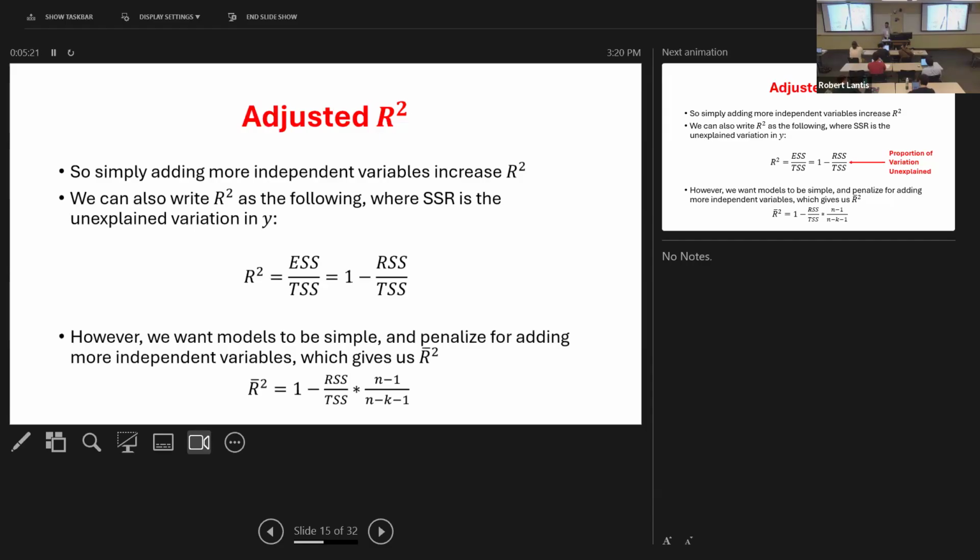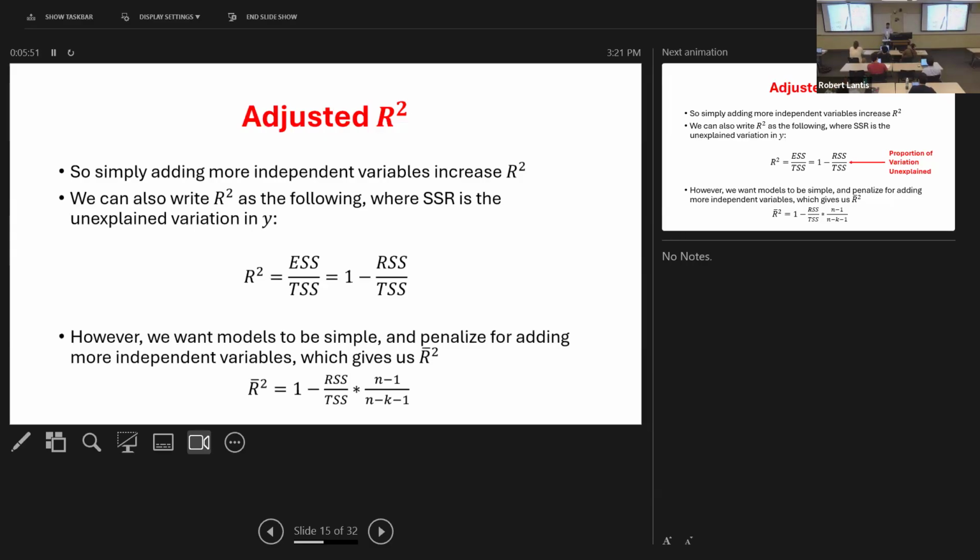Now, if I'm subtracting, what is this fraction always going to be greater than? 0. What is it always going to be greater than? n minus 1. If I took n minus 1 over n minus 1, I'd have what? 1. So if I'm always dividing by something that's a little bit smaller, this is always going to be greater than 1. So instead of calculating my R squared, I'm always subtracting something that's a little bit larger.